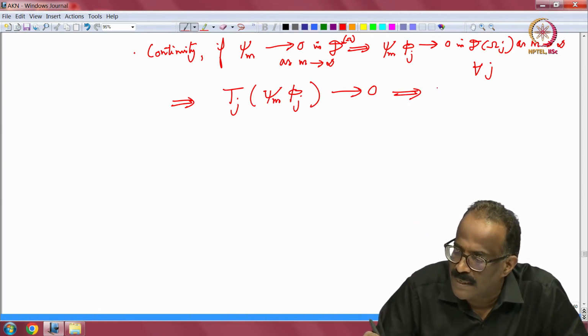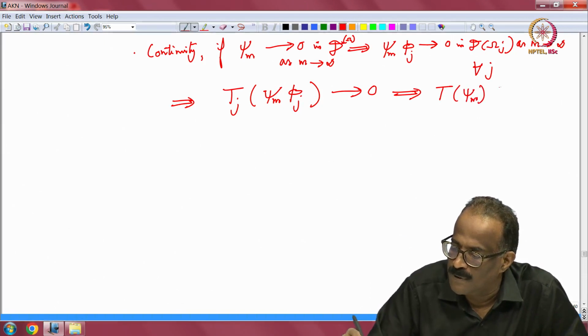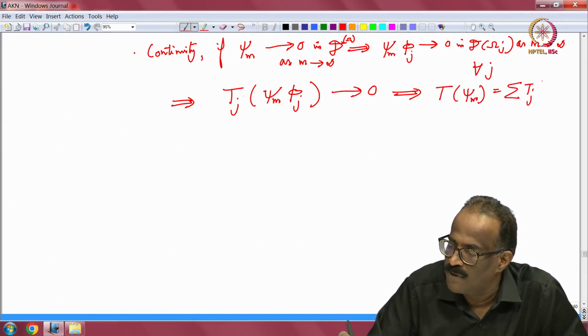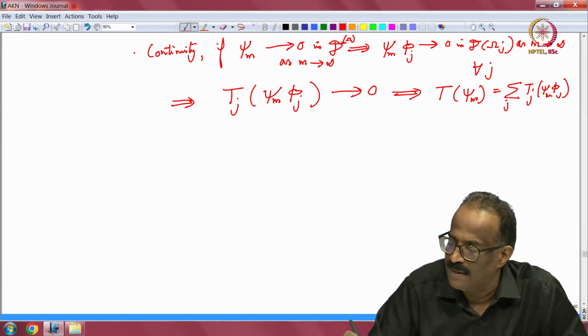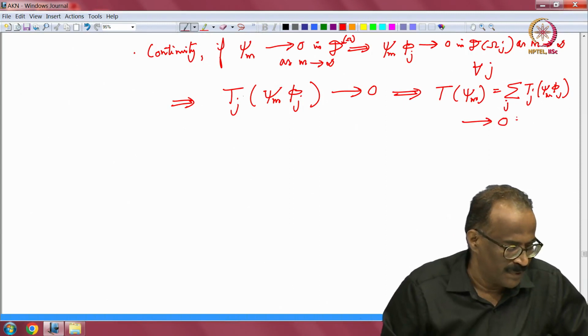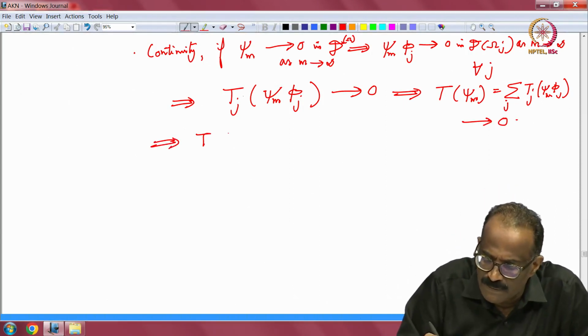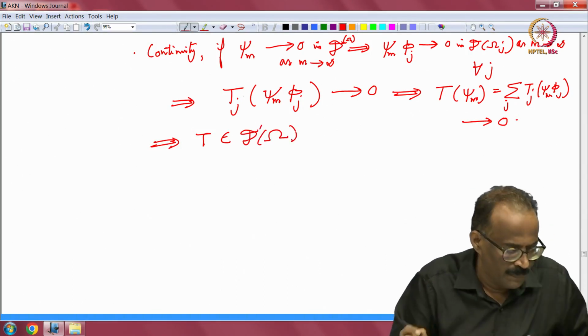You can say that T of psi m, which is nothing but the summation over j of T j of psi m phi j, will go to 0. So, continuity is obvious. That implies T is in D prime of omega.